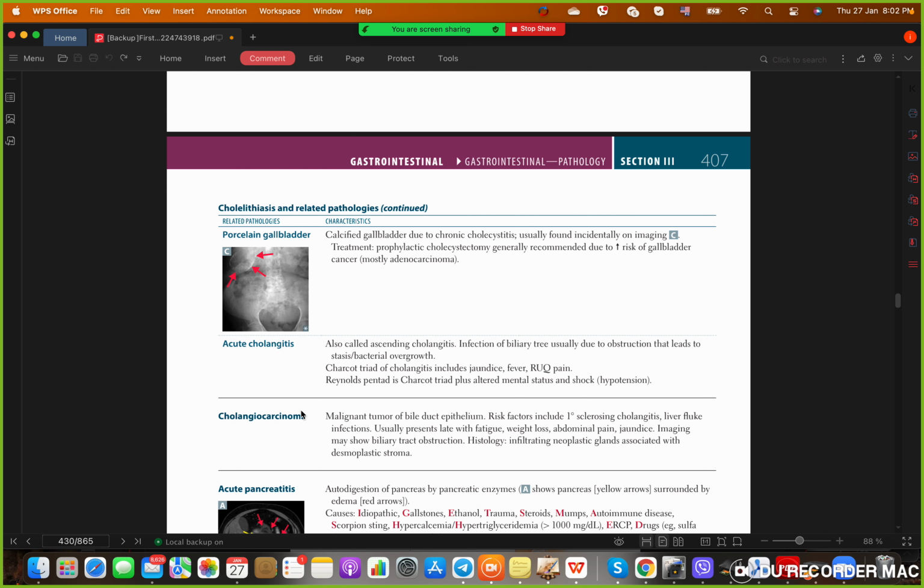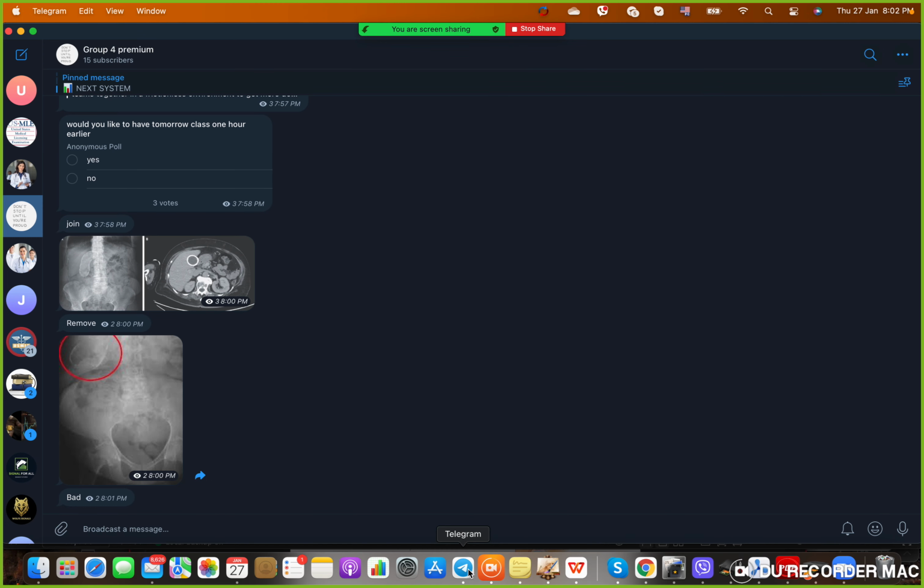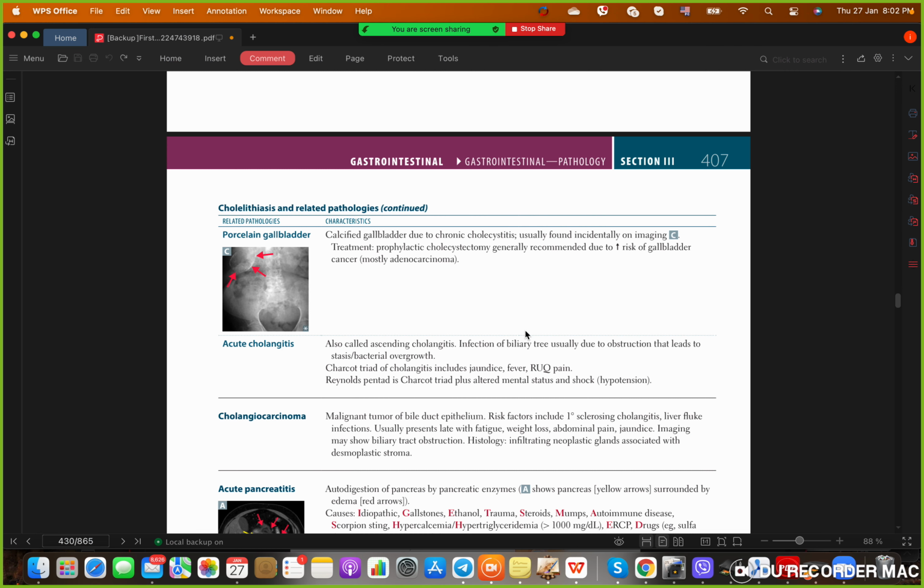What does angio mean? Vessel. Angio means a vessel. Which vessels do we have? Well, we have arteries, we have veins, and we have bile ducts. So all of these three are considered vessels. It's kind of interesting because a lot of students think that bile ducts are not vessels. They are. Bile ducts are vessels.